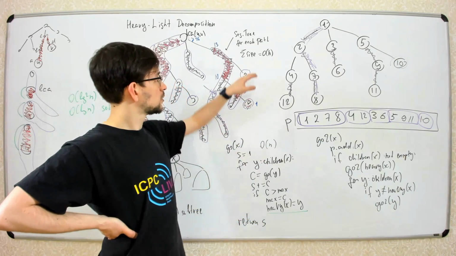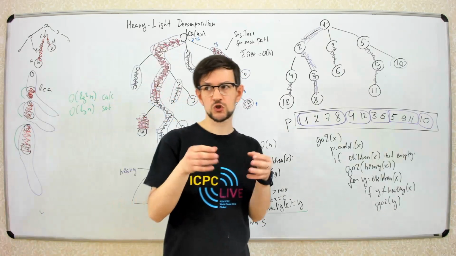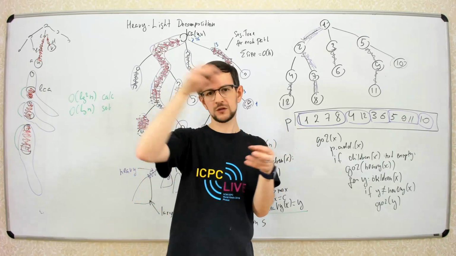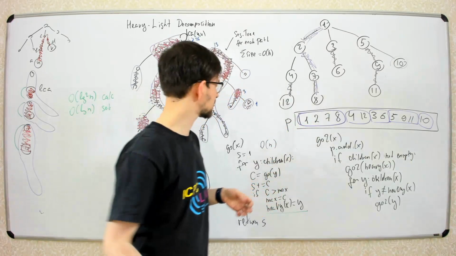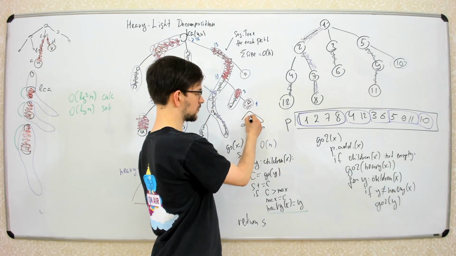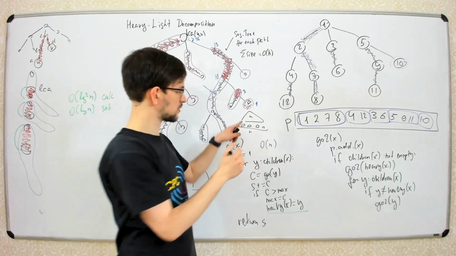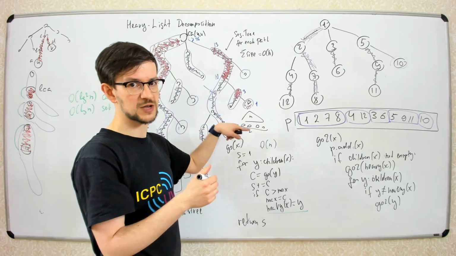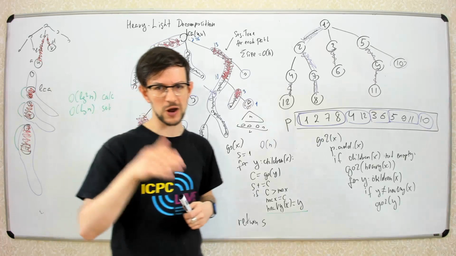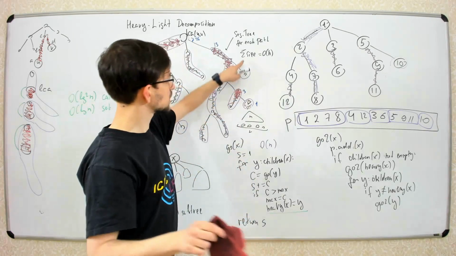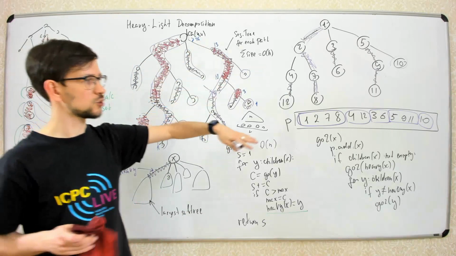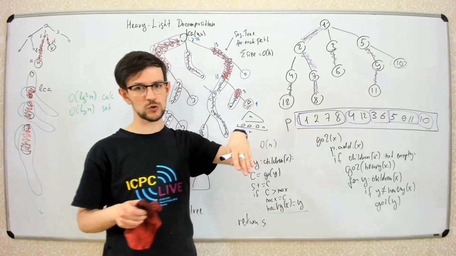If you have n leaves, you need n more nodes to make the segment tree, so the total number of nodes is about 2n. The total size of the small trees will be 2n, and the total size of this big tree will be 2n.